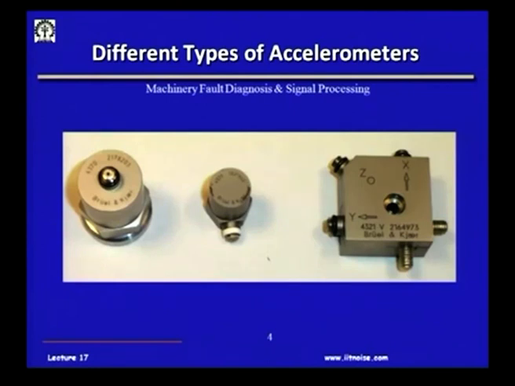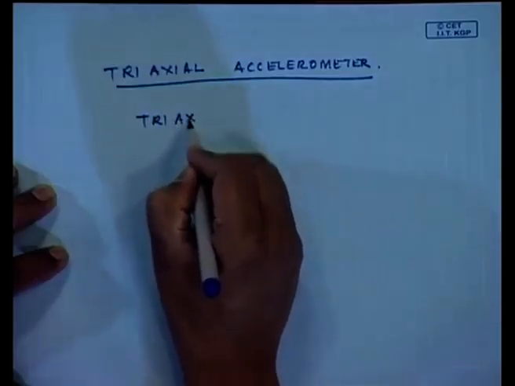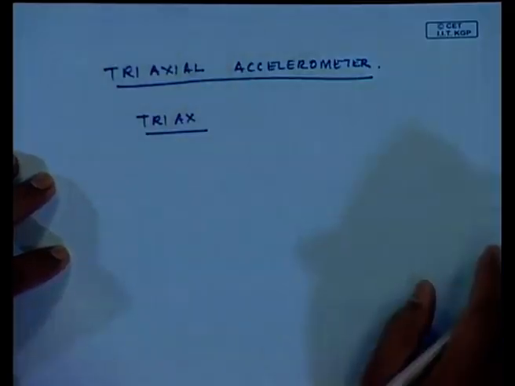This is very convenient, as I need not put 3 uniaxial accelerometers; rather at one place I put a triaxial accelerometer, and in short it is known as a triax, people loosely call it triax.